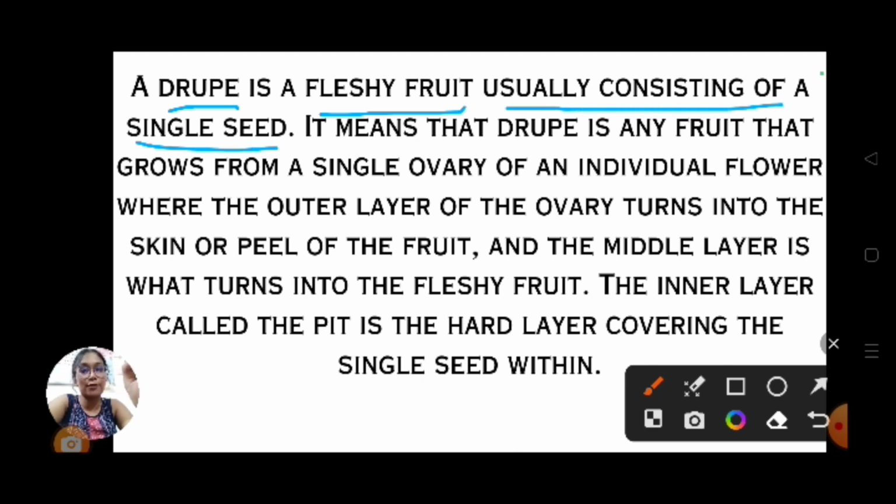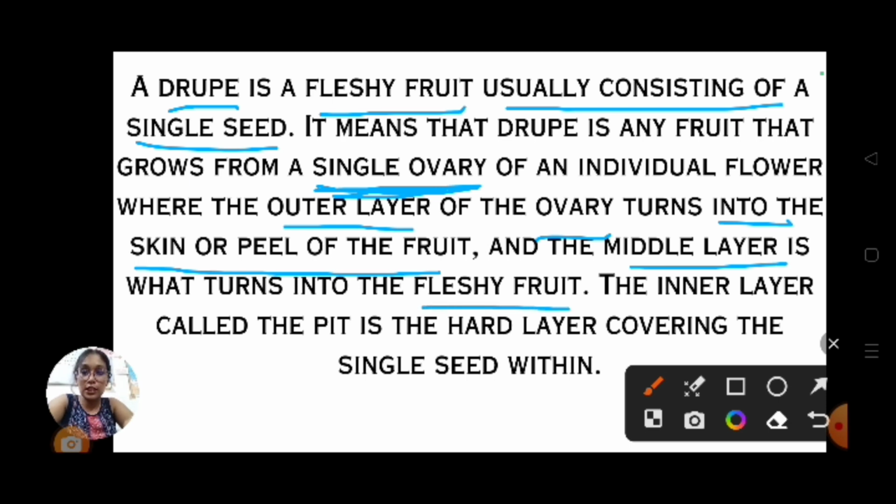It means a drupe is any fruit that grows from a single ovary of an individual flower, where the outer layer of the ovary turns into the skin or peel of the fruit, and the middle layer turns into the fleshy part.